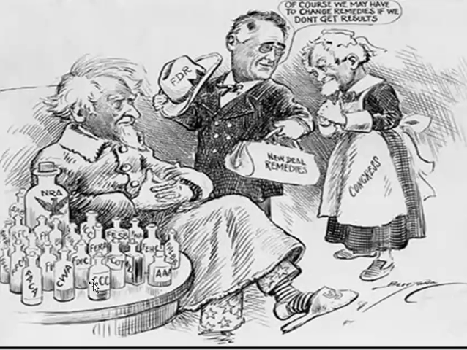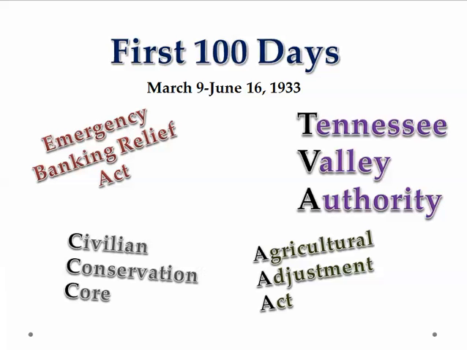All of his programs within the first 100 days are referred to as the first New Deal, or more commonly the first 100 days of FDR's administration, from March 9th to June 16th, 1933. The first 100 days, that's what you'll hear it referred to as. It really means the first New Deal.